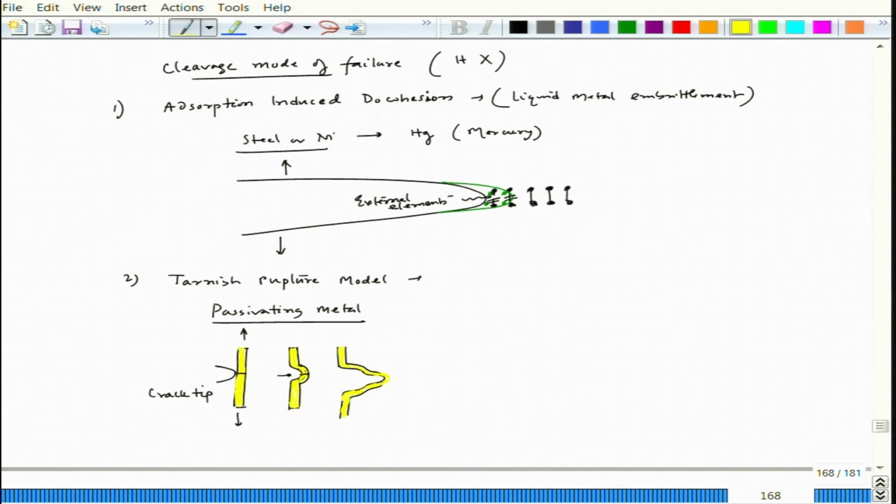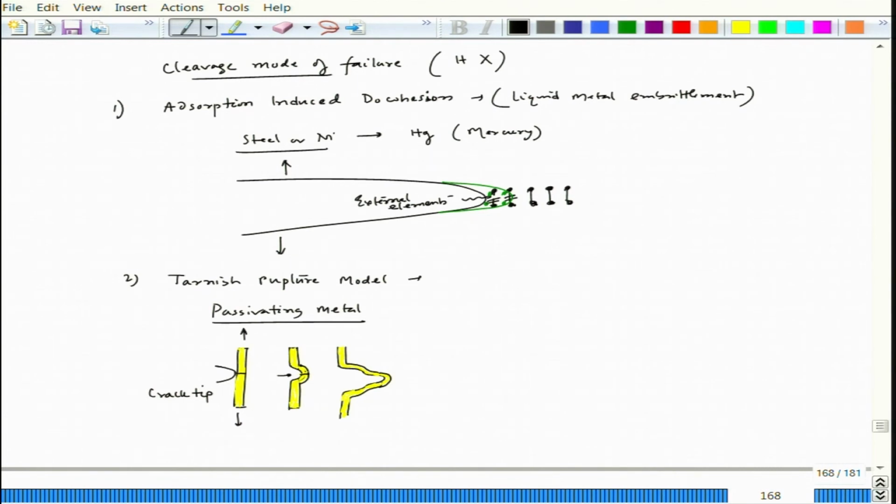The stress all the time allows the fracture to push through the brittle passivating metal, and once it reaches the base metal, the crack growth stops, and then again the fracture happens in that film, and that cycle continues.